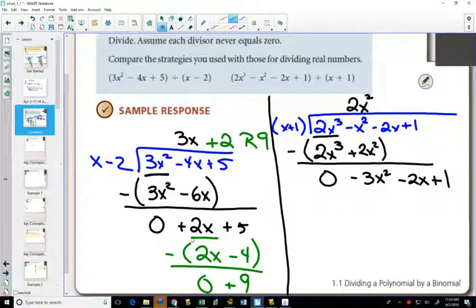Now my biggest value is a minus 3x squared. And so I repeat this process. My biggest value is minus 3x squared. What could I multiply x plus 1 by to get a minus 3x squared?